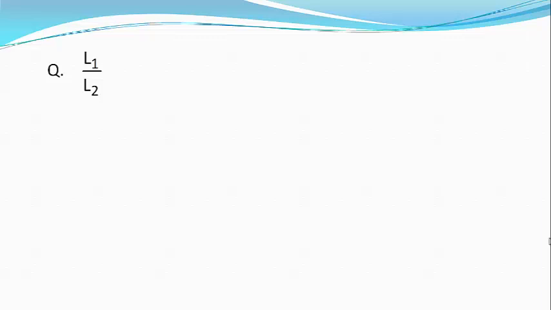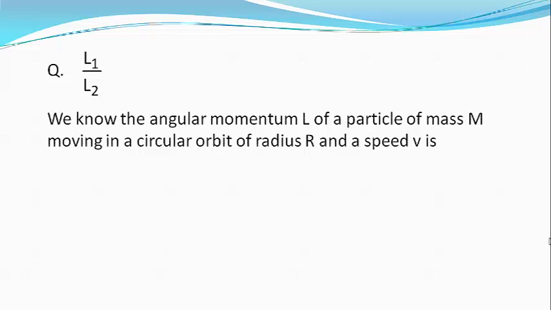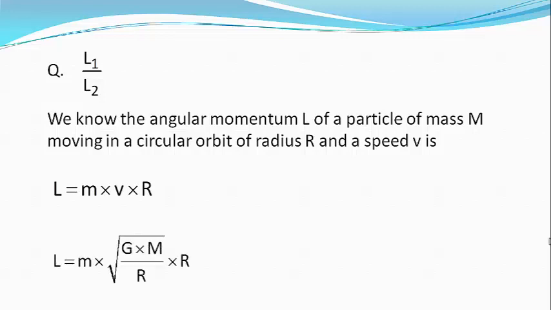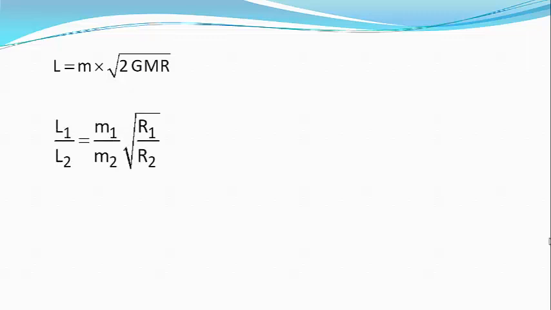We know that the angular momentum of a particle of mass m moving around in a circular orbit of radius r and with a speed v is given by capital L equals m into v into r, or L equals m into root of capital G into capital M divided by r into r, or L equals m into square root of capital G into capital M into r, or L1 by L2 equals m1 by m2 into square root of r1 by r2.